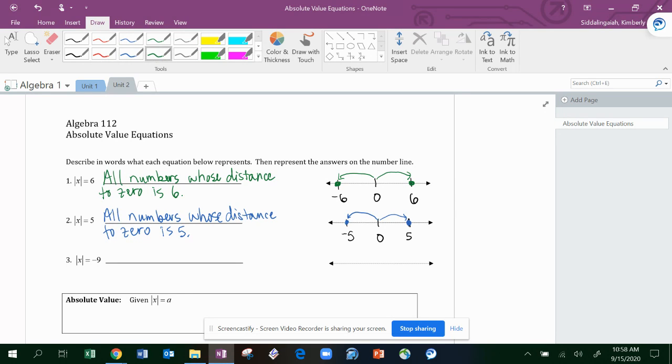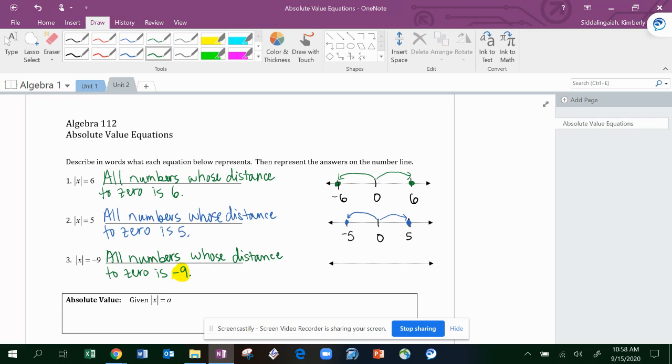All right, let's look at this last equation here. It says, you probably know where I'm going with this now, all numbers whose distance to 0 is -9. Well, that should make you pause a little bit because of the negative. We can't have a negative distance.